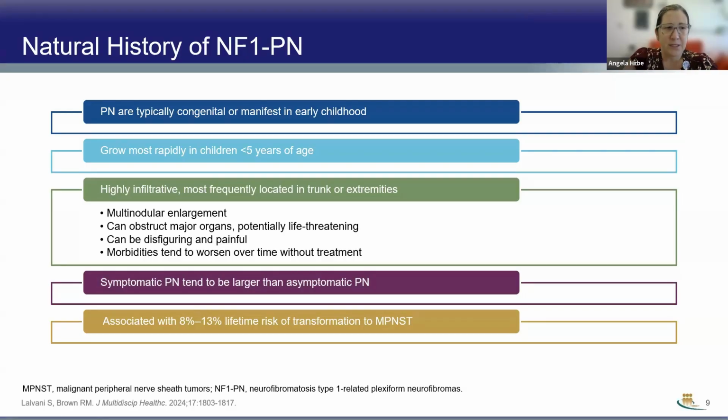And they definitely have the potential to cause serious problems. They can obstruct major organs and potentially be life-threatening. But they're also very disfiguring, and they can be very painful. And these morbidities tend to worsen over time without treatment. And additionally, there is about an 8 to 13% lifetime risk of a patient getting an MPNST from one of these tumors transforming.